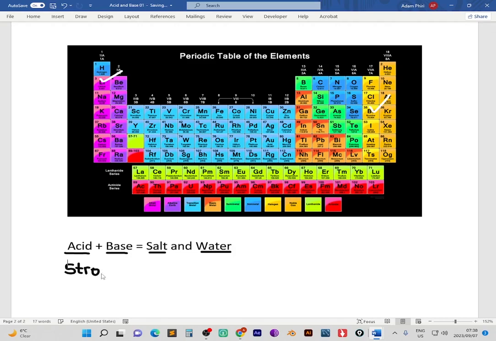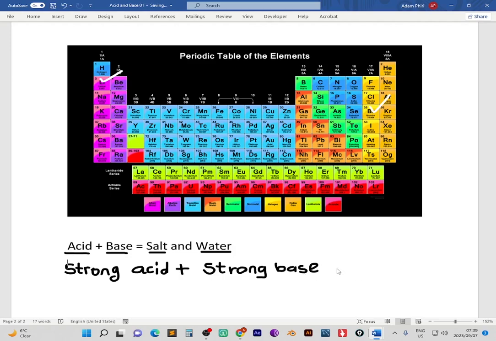For neutrality, we need a strong acid, and we also need a strong base. If we have a strong acid and a strong base, then it's going to have a balance.